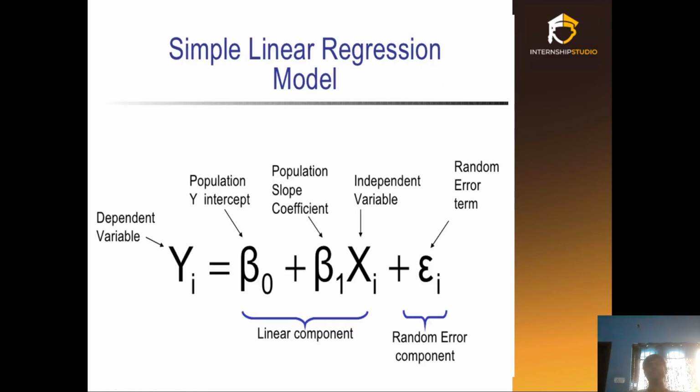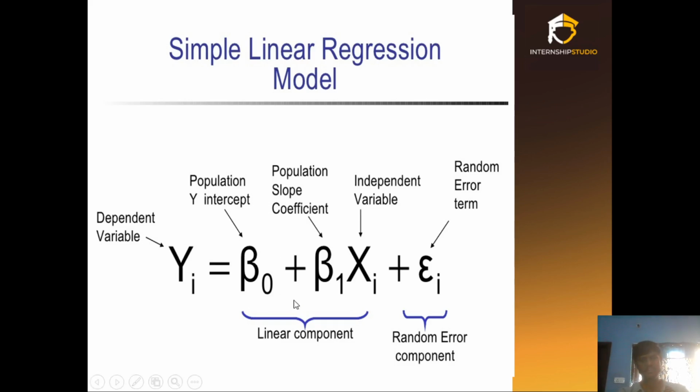Coming to the main simple linear regression model, you can see the y value here. Y is your dependent variable, and beta naught is the y intercept. If you take the equation of a line, it is nothing but y equals mx plus c, right? m is your slope, x is your variable, and c is your intercept.